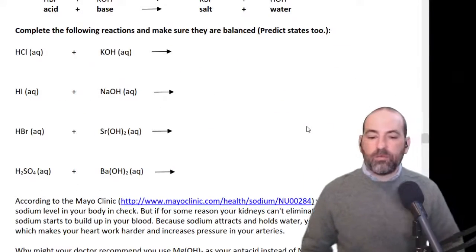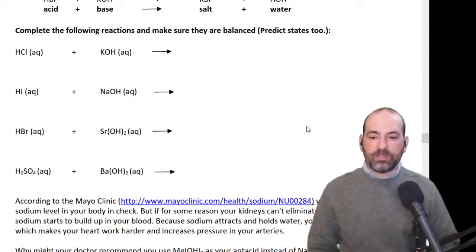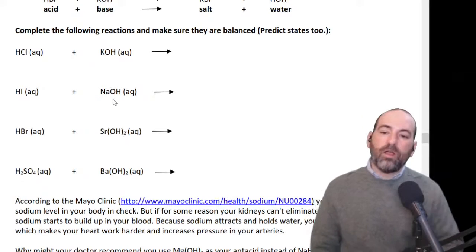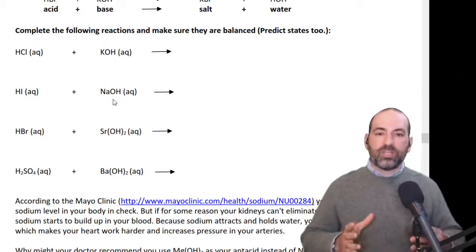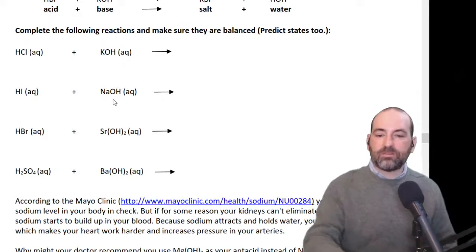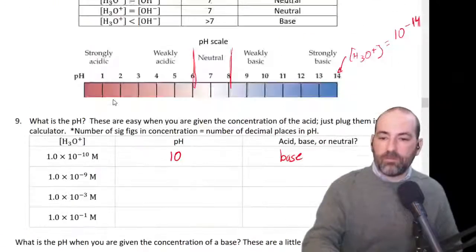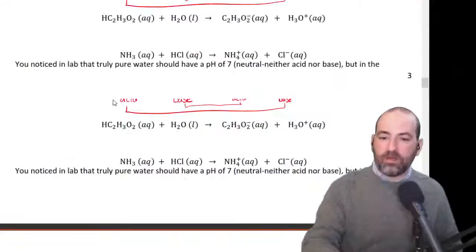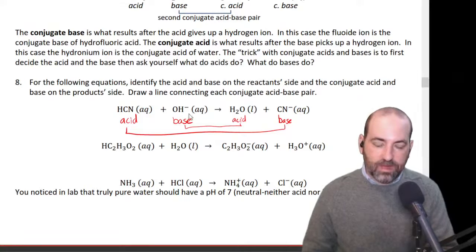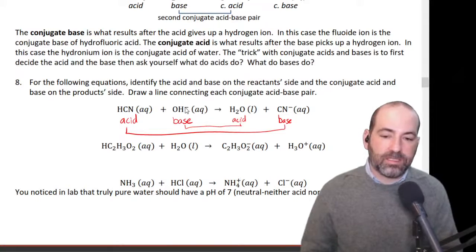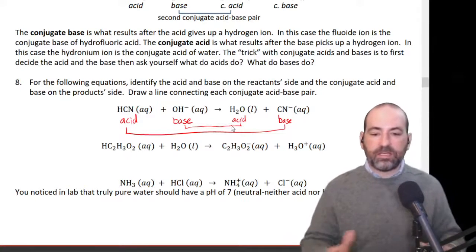All right, let's predict a product of an acid-base reaction. Up to this point, we've seen just the things that are acting in the acid-base reaction. For example, the one we looked at earlier today, we had OH minus, hydroxide ion, reacting with the acid so that we could have this nice conjugate acid-base pair.